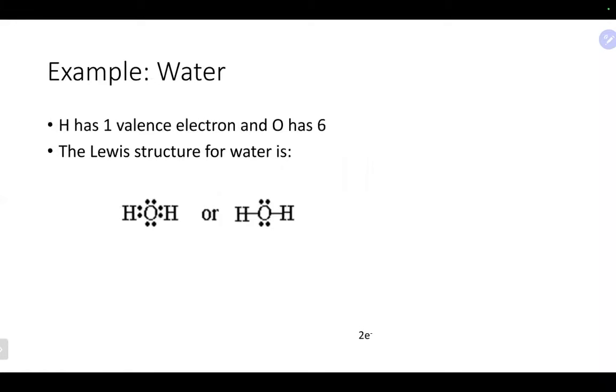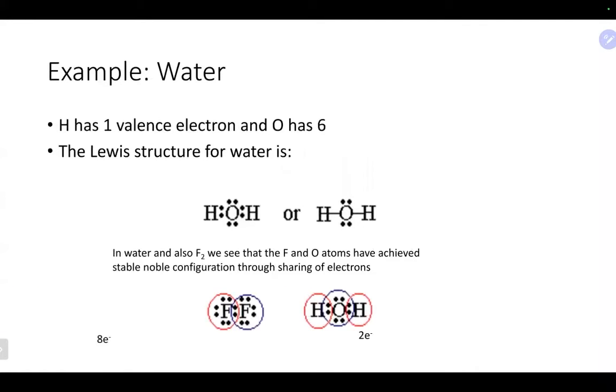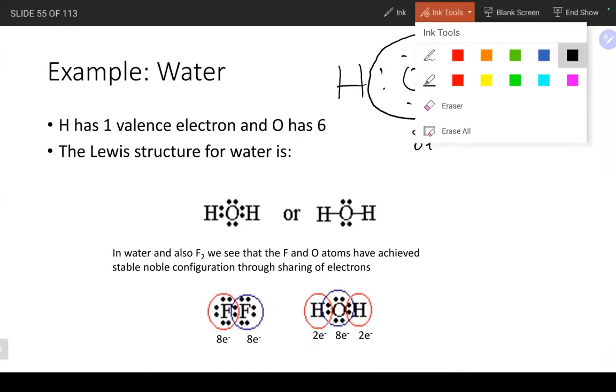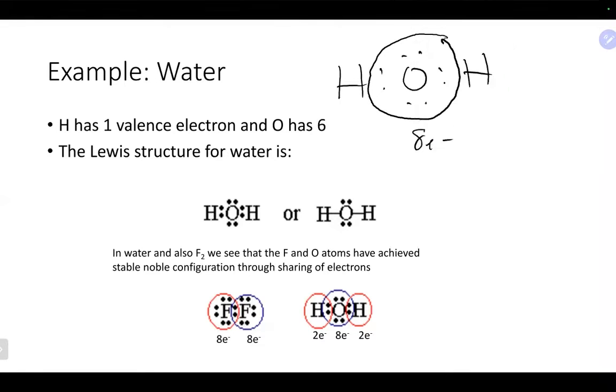So if we look at something like water and we draw water here, once again, water actually is sharing some electrons with 2 hydrogens, and I'll do it with all dots so we can see it. So once again, the oxygen in the middle, by sharing electrons with both hydrogens, is now able to achieve 8 electrons, which allows the oxygen to achieve that noble gas configuration.